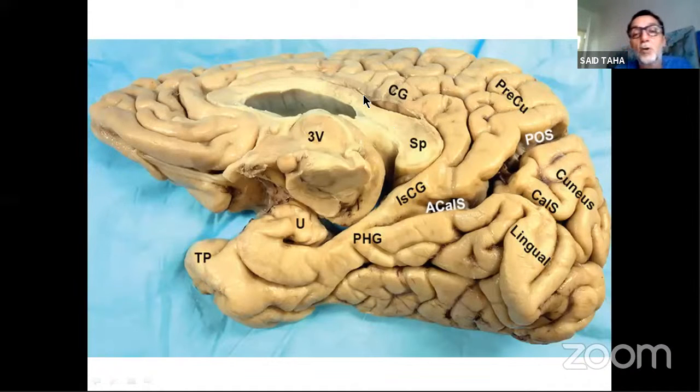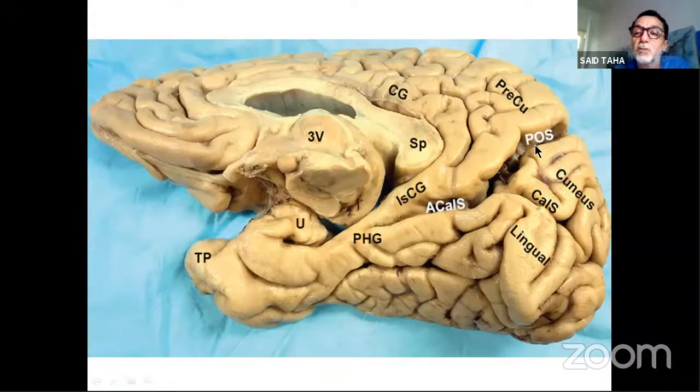Here we can see the corpus callosum, the splenium of the corpus callosum. Here the cingulate gyrus, and above, the precuneus. The precuneus is separated from the cuneus by the parieto-occipital sulcus, and the cuneus is separated from the lingual gyrus by the calcarine sulcus.